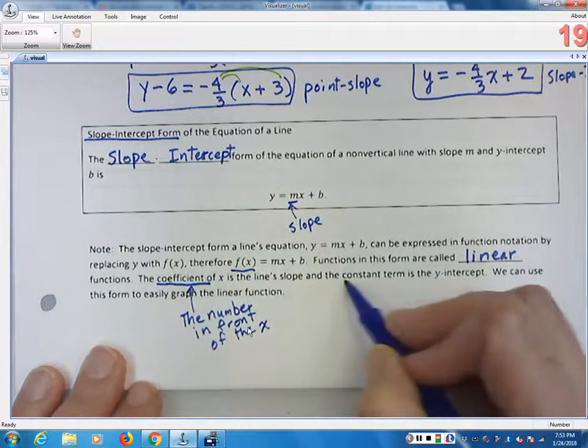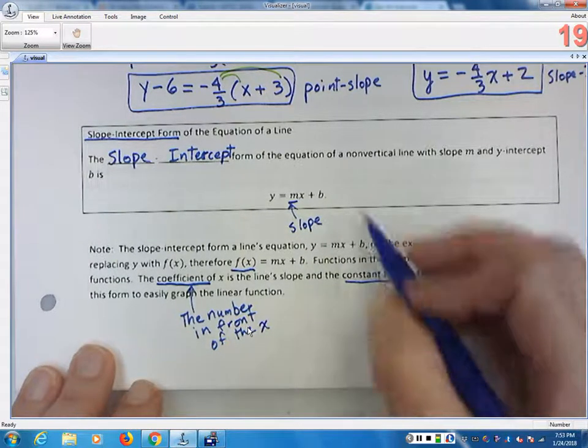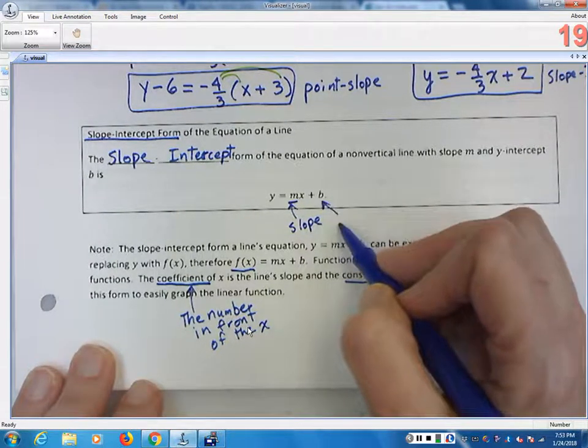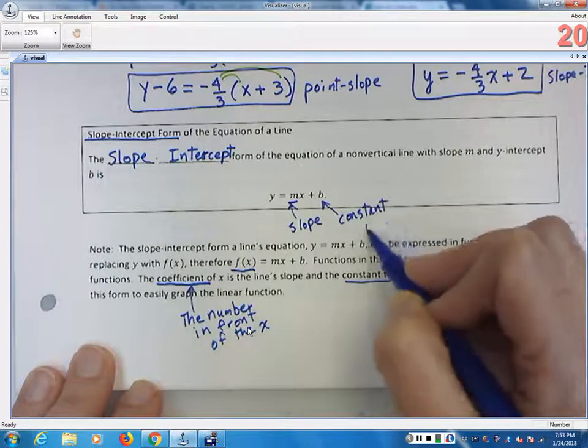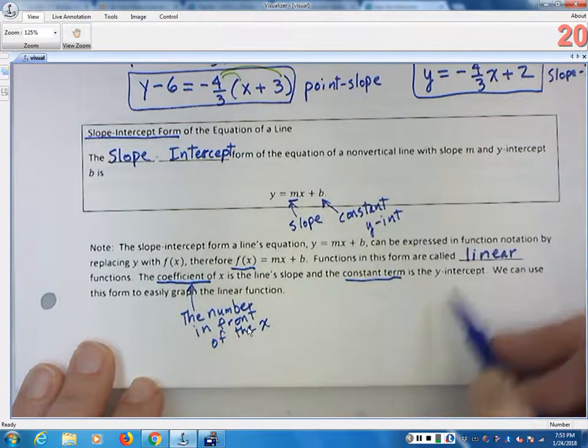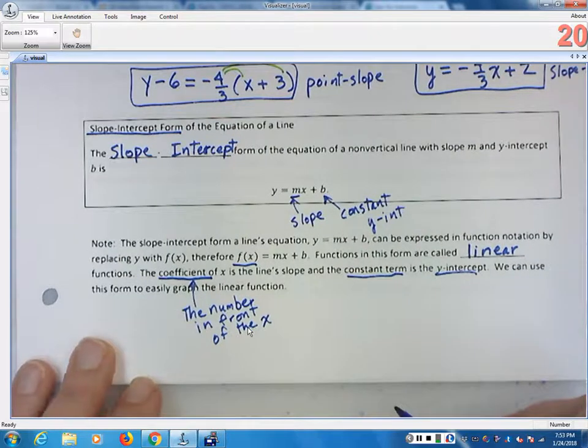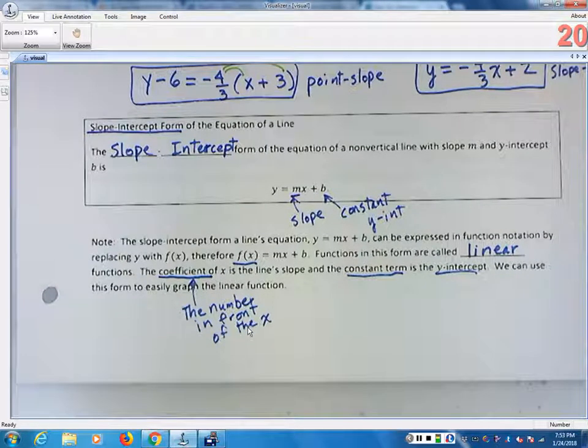And the constant term is the term without a variable. This is the constant, which is the y-intercept. And we'll use this form to easily graph the linear function. So we're going to show you how to graph that.